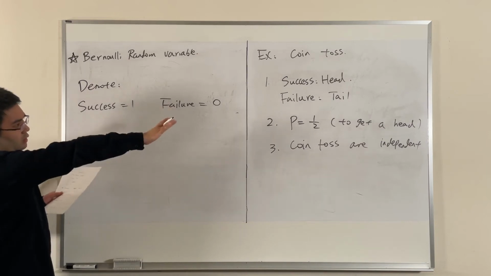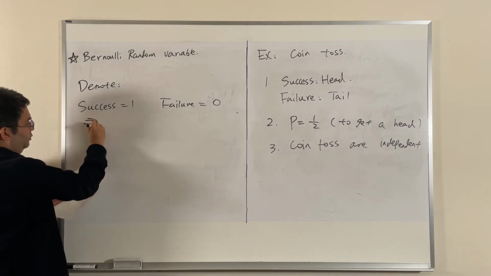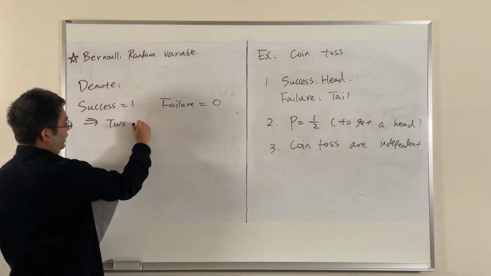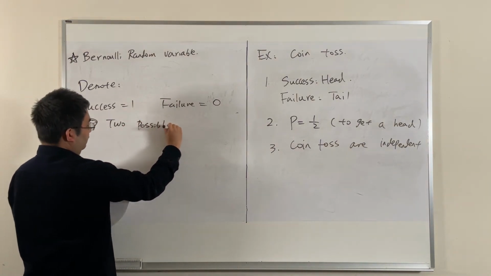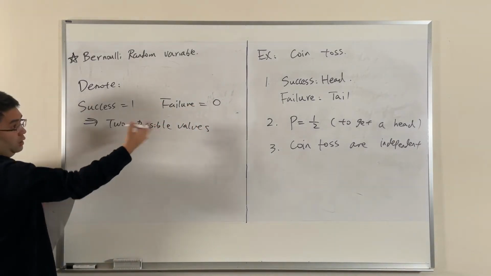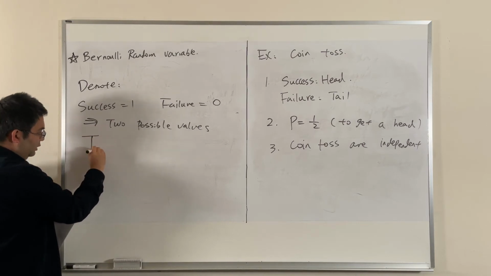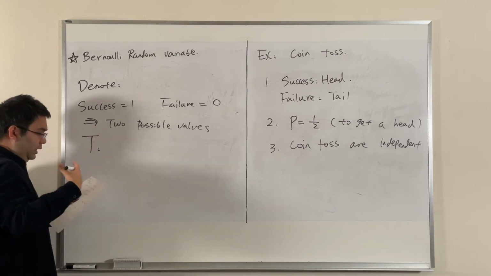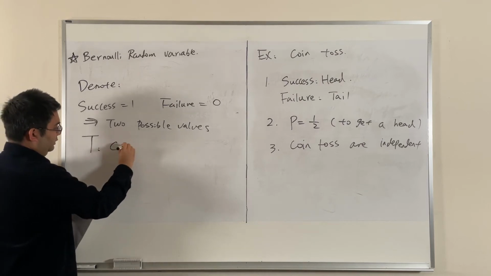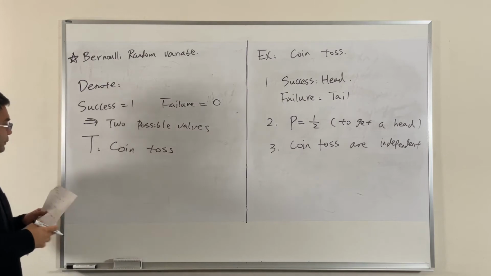Let's say for the coin toss case, we have two possible values, 1 or 0. Let's denote T to be a random variable from the distribution of coin tosses.